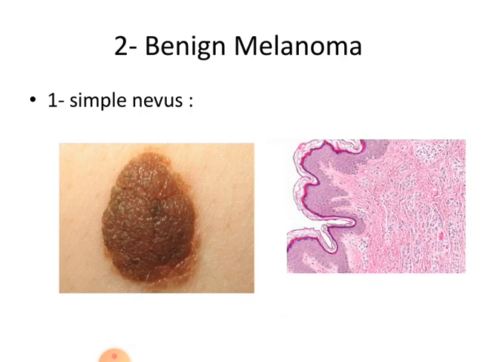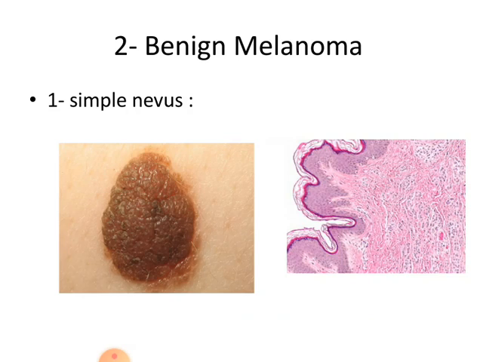The first is the simple nevus, the commonest nevus, which occurs in every population. The melanocytes, which are responsible for the color of the skin, are condensed at the site. In the simple nevus they are condensed in the dermis, rather than in the epidermis of the skin.